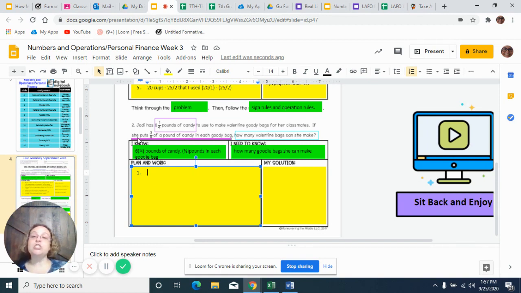So what she is doing is she is dividing the candy out. So we are going to divide the amount of candy she has by the amount that she is putting in each bag.